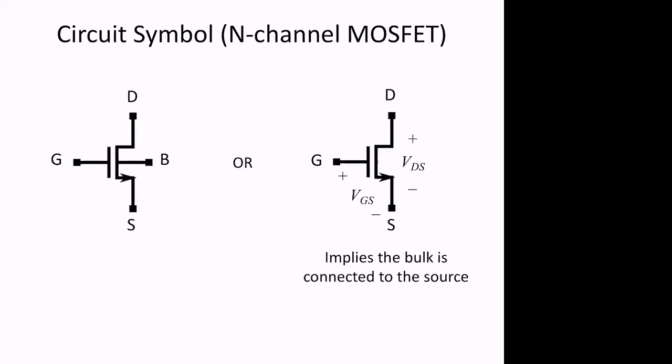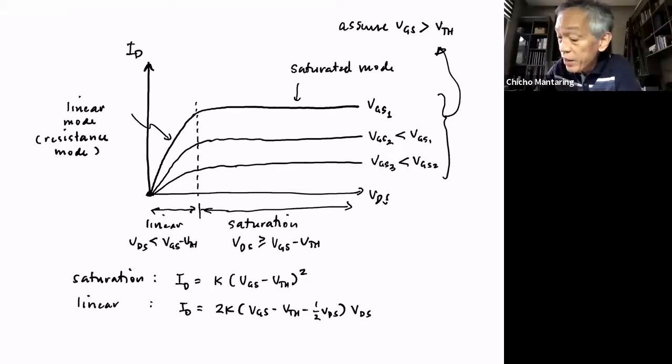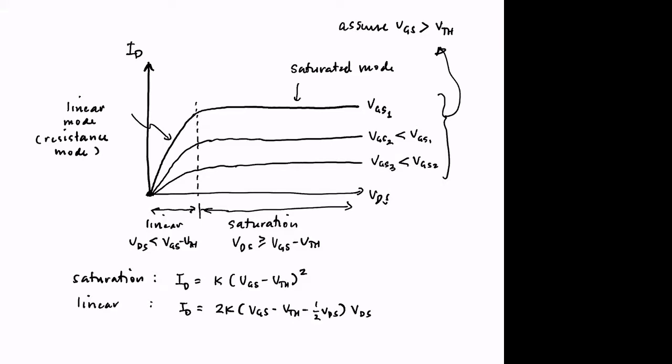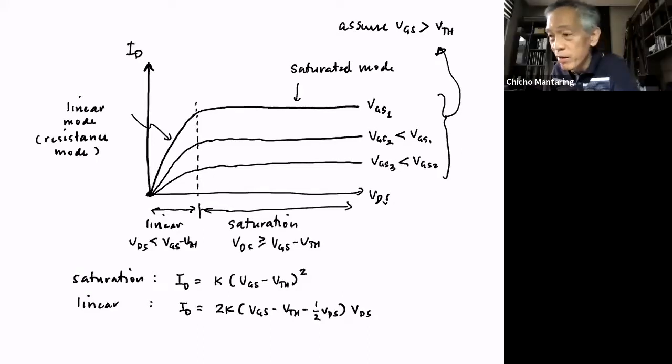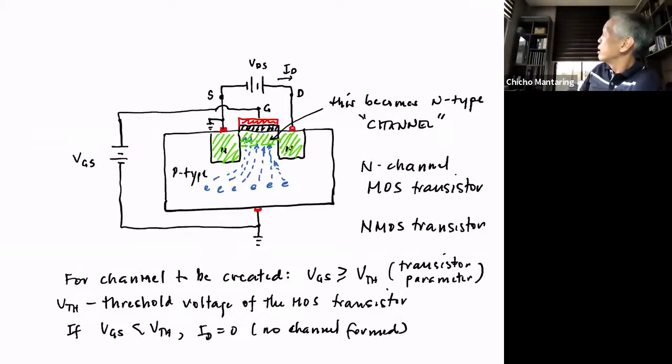Sir, in the previous slide, is there a point where increasing VGS doesn't increase the current anymore? Increasing VGS? Yes, sir. Theoretically, no. Theoretically, as you increase VGS, let's see, I have to check on that.